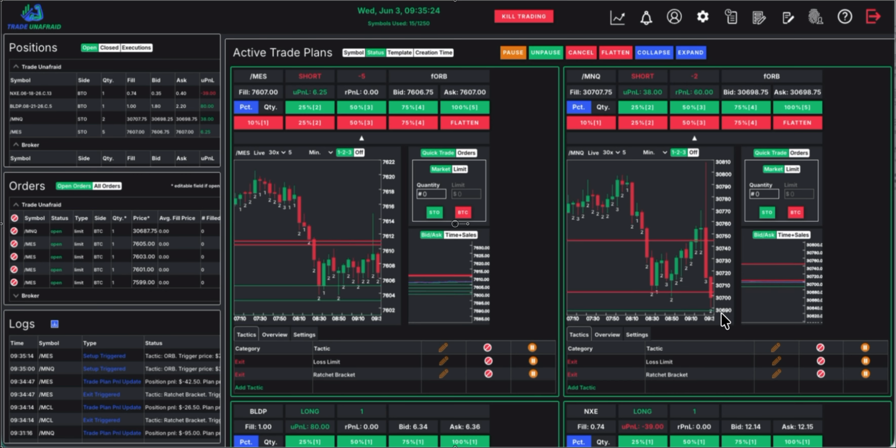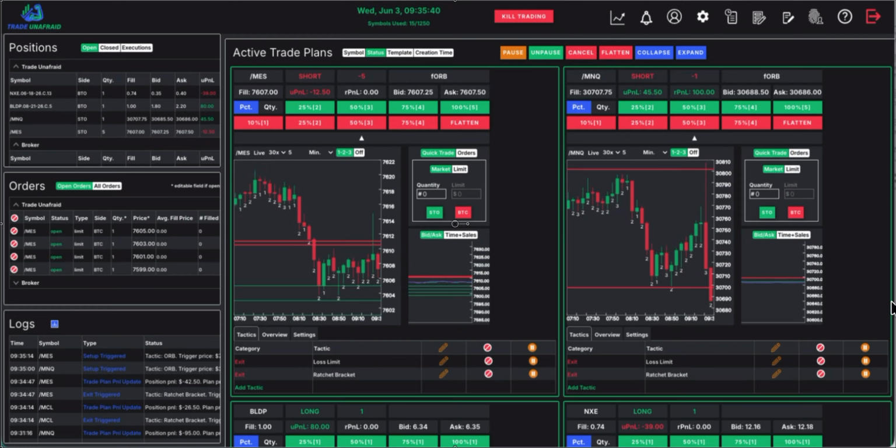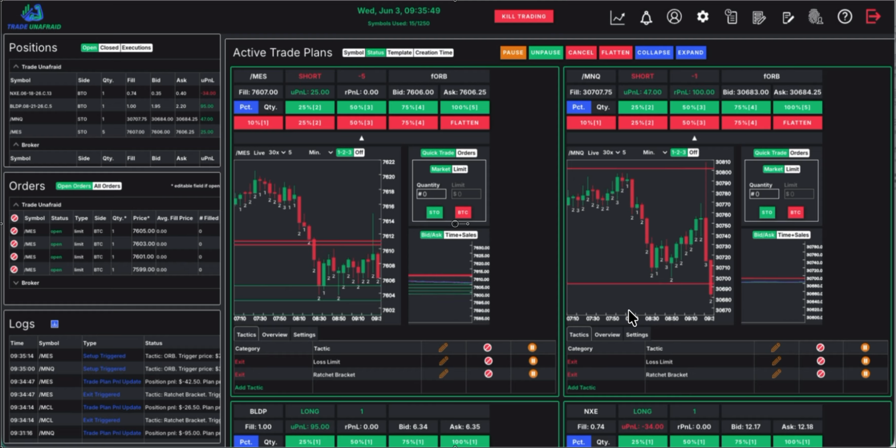So watch MNQ. It's going to hit this target. Okay, so it just sold that. It hit the last target, and now you'll see the stop will ratchet down.